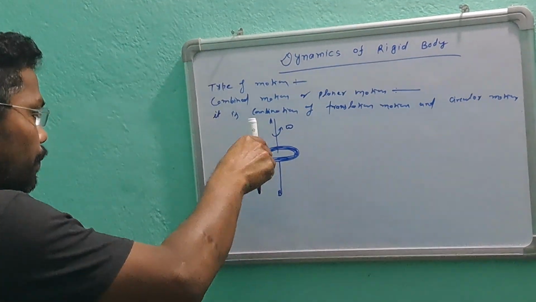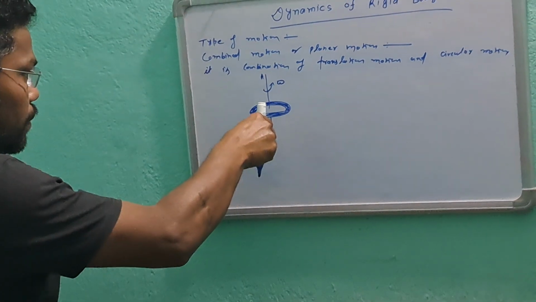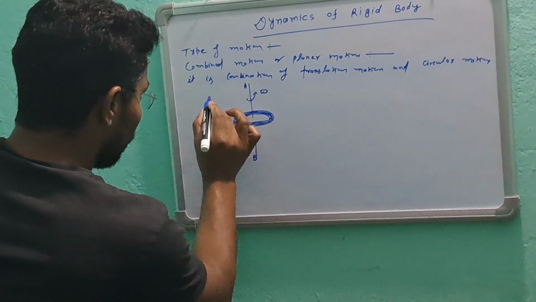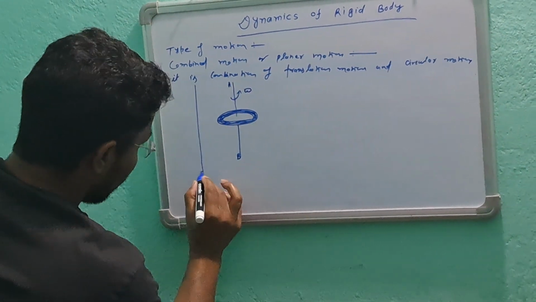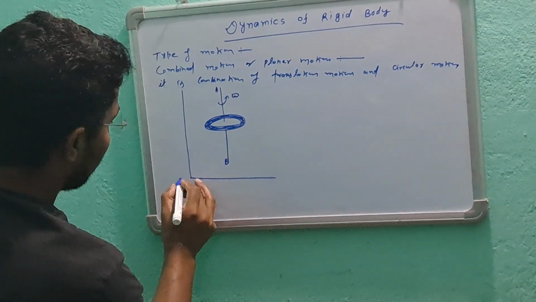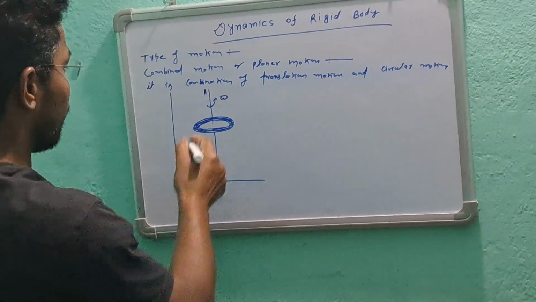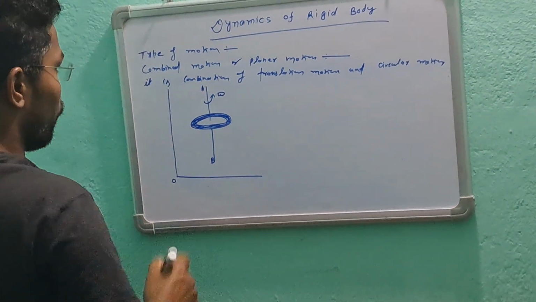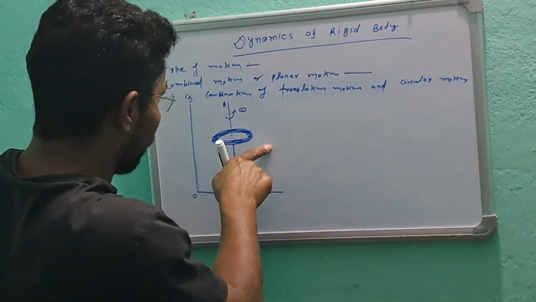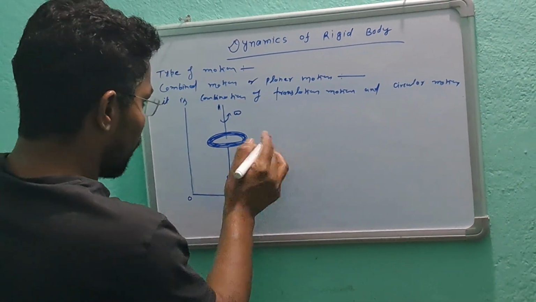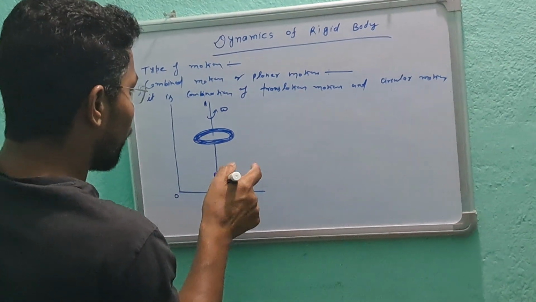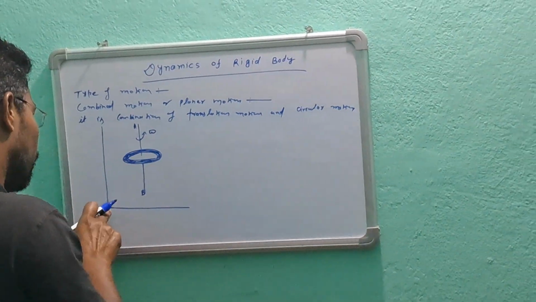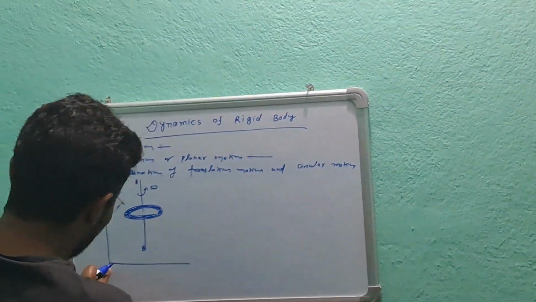And this axis is translating with respect to this frame, with respect to this point. So now figure out the combined motion of any point of this disc with respect to this point.